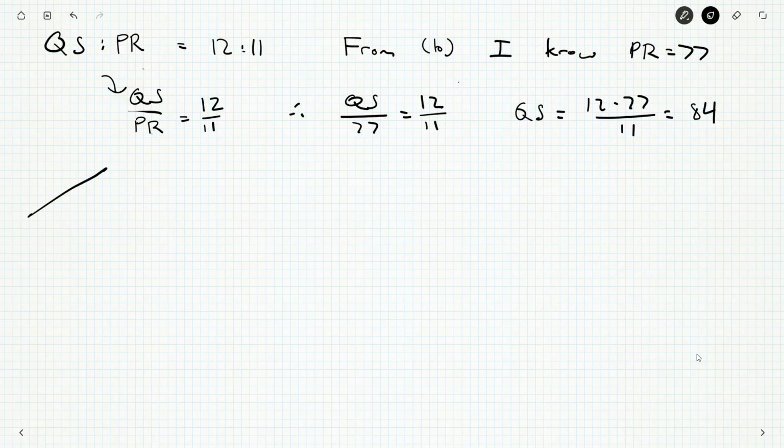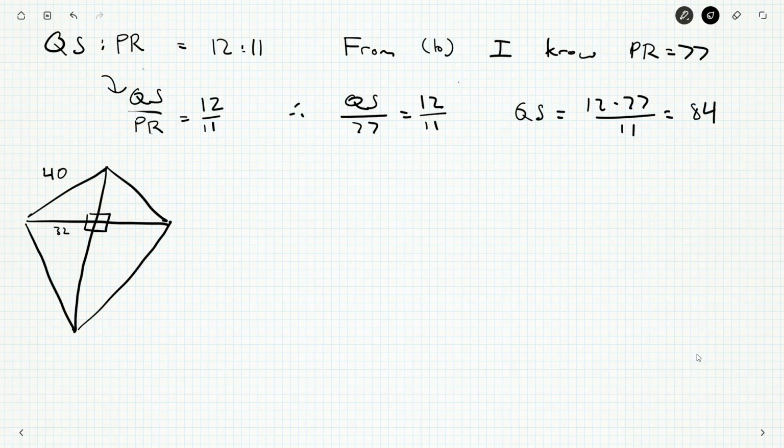I'm going to bring out the big picture. I admit it's not quite a right angle, but it's okay when we do diagrams. As long as it's vaguely right and it makes sense to us, that's good enough.